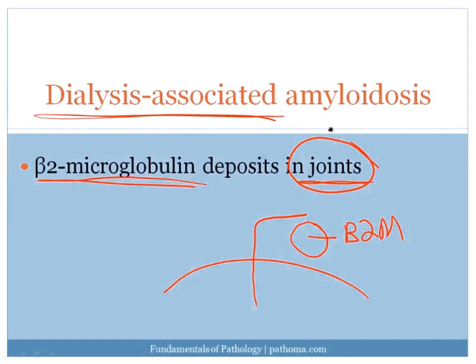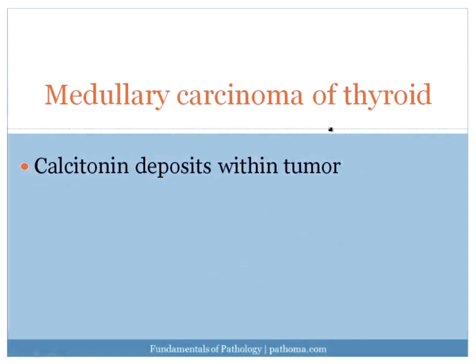The deposition is beta-2 microglobulin. Beta-2 microglobulin is a structural component of MHC class 1, and this beta-2 microglobulin will deposit in joints as a localized amyloidosis.